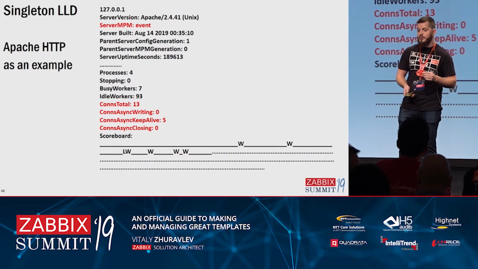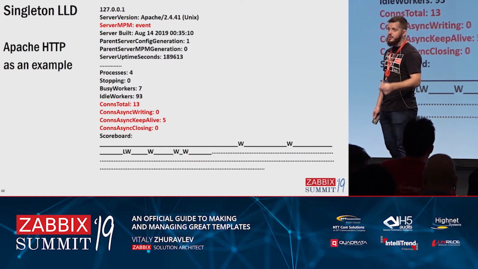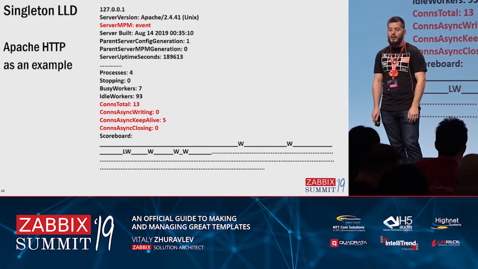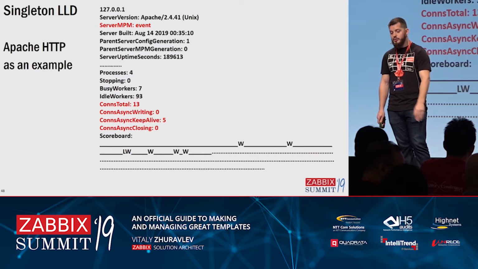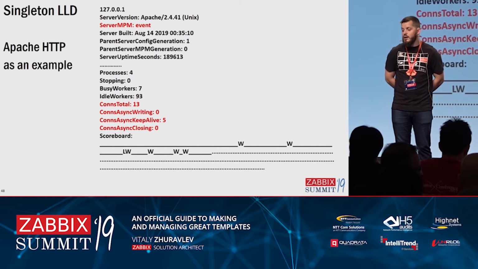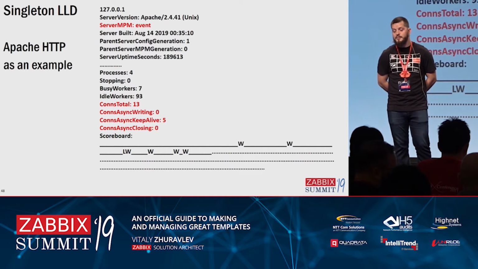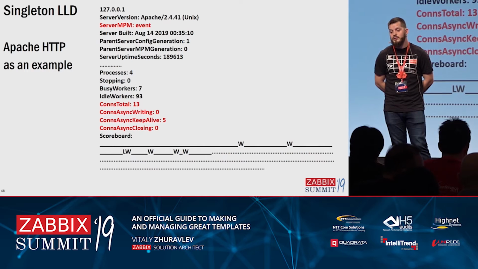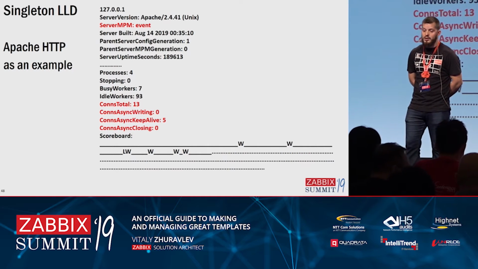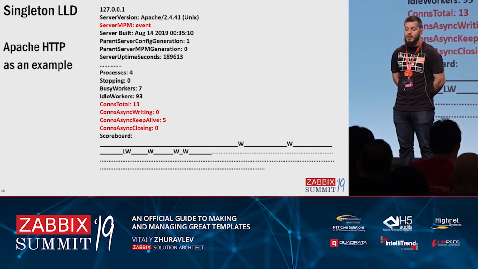Let's have an example here. We called it singleton low-level discovery, and for instance, Apache HTTP server provides additional metrics over there in red that are available only if server MPM event is enabled. So by parsing Apache output from the status module, we can actually do that.